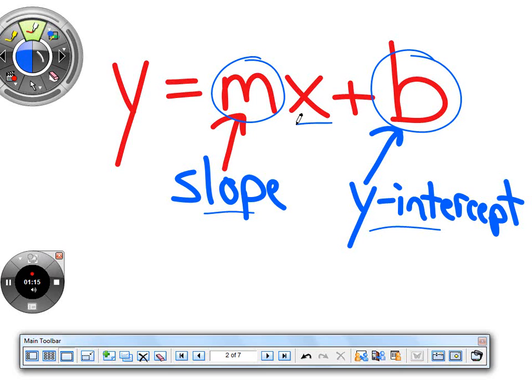Now the x and the y change a lot, because as you graph a line the x's and the y's are always changing, but the things that don't change are the slope, because the slope would stay the same, and the b would stay the same because it would cross the y-axis in a particular spot, and those things will not change. Okay, so that's why the x and y are really considered the variables, if you will, once you have established what the m and the b are.